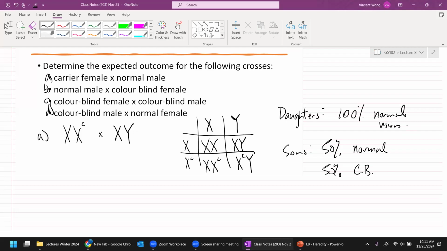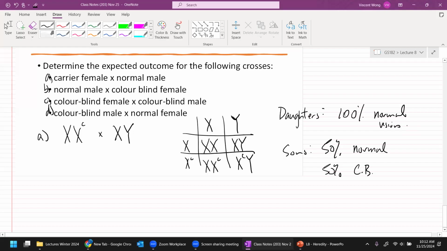Normal. But you have the same female, right? Put an F here. Daughter, good. Okay, so how do you interpret the result?